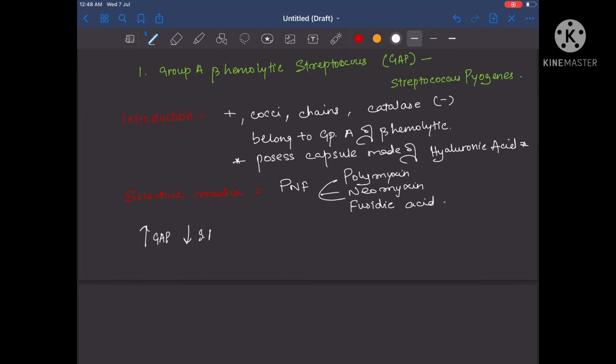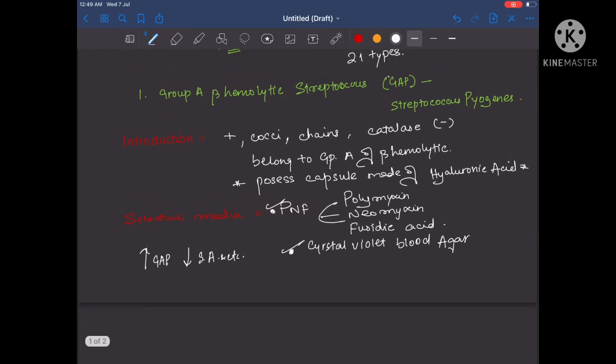So there is a growth of Streptococcus pyogenes or group A beta hemolytics, and there is a decrease in growth or inhibition in the growth of Staphylococcus aureus or any other bacteria. Another selective medium for this is crystal violet blood agar. So these two media are selective media for Streptococcus pyogenes. A very important property of Streptococcus pyogenes is that it produces pinpoint colonies.